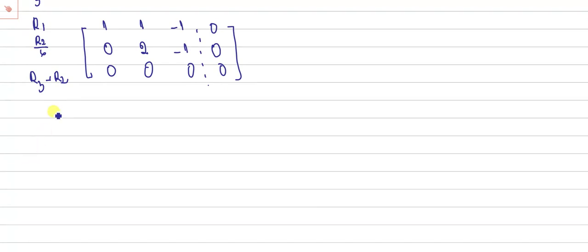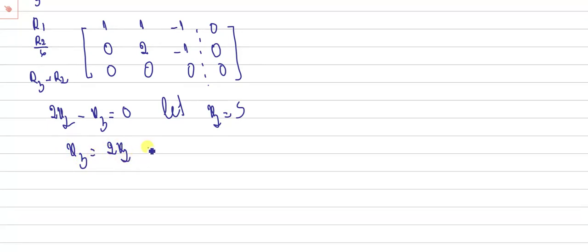Equation 2, I have 2x2 minus x3 equal to 0. So I leave the two coefficient. I let x2 equal s. So I got x3 equal to 2s.